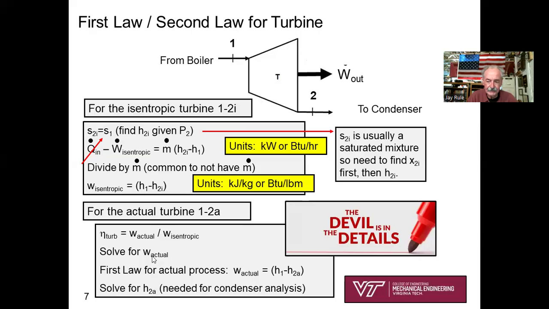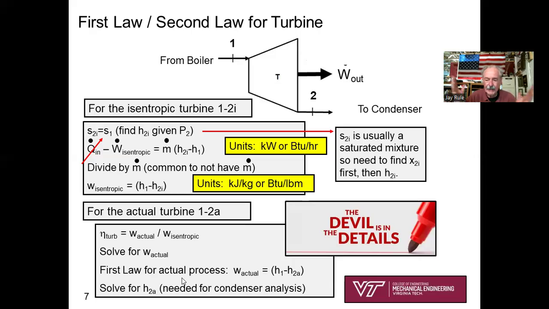And so the first law for the actual process is going to be H1 minus H2 actual, similar to up here. So you see the similarity here. W isentropic is H1 minus H2 isentropic. So similar first law, striking out little q. W actual is H1 minus H2A. And so then you solve for H2 actual.